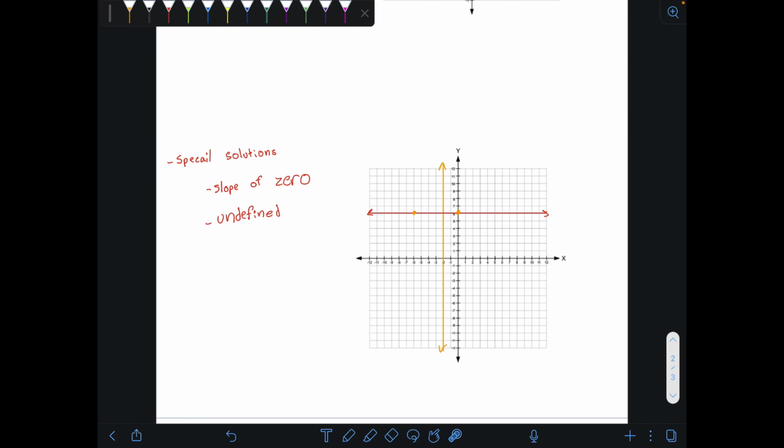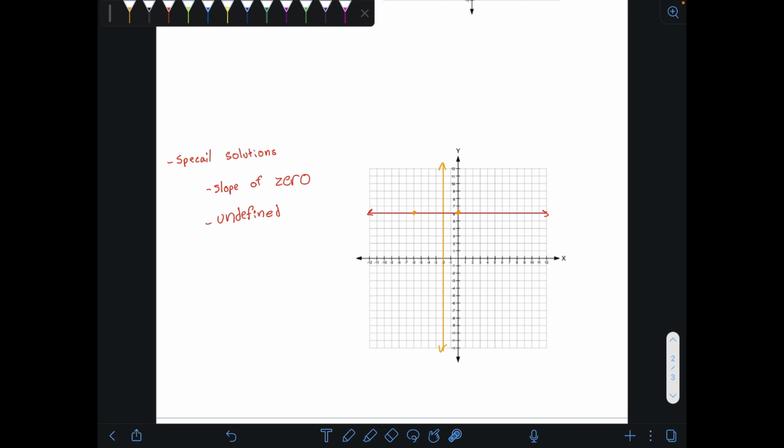And our next special solution is undefined. So any line that goes from top to bottom, like this line, is undefined. It is just no slope, so you would write undefined here.